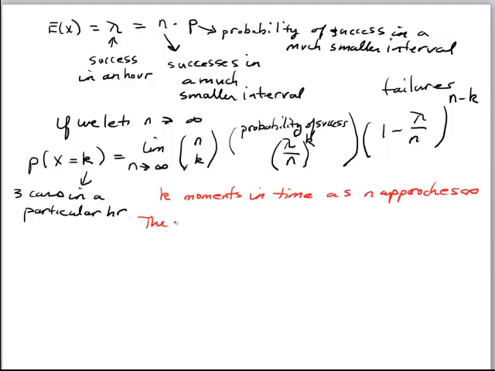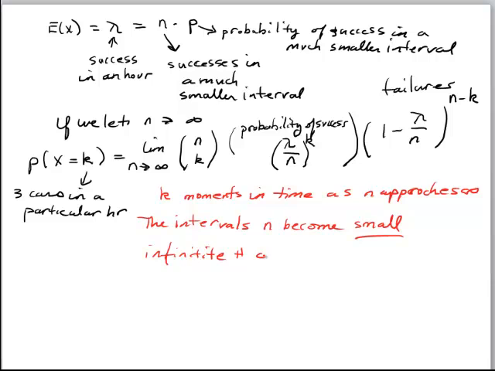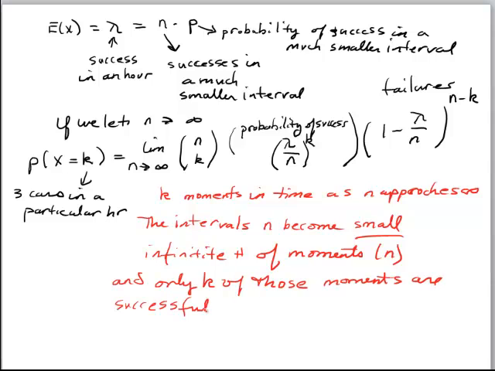The intervals become super duper small, and we have an infinite number of moments. That's the n, and only k of those moments are successful. So we might say k was 3, then we've had 3 times where we've had a success, a total of 3 cars passed.